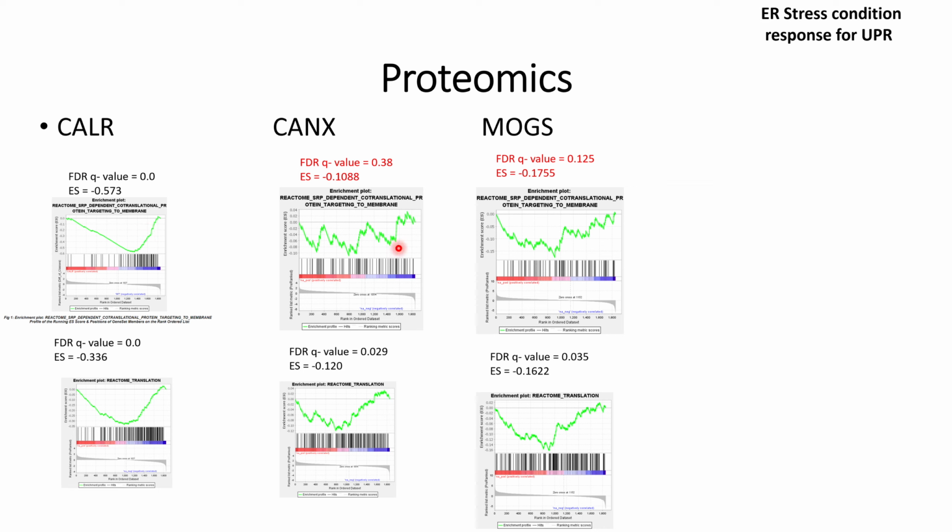So this indicates that the proteins that are not essential during these stress conditions are reduced. We can see that in calreticulin it is significant, whereas in calnexin and MOGS it is not significant. So from this we can get an idea that ER stress could be high in calreticulin knockout, whereas it is low in calnexin and MOGS knockout.